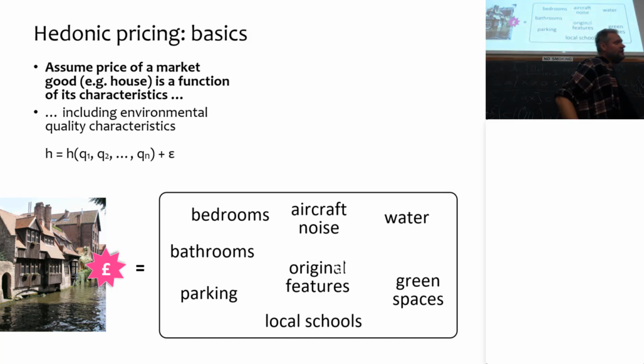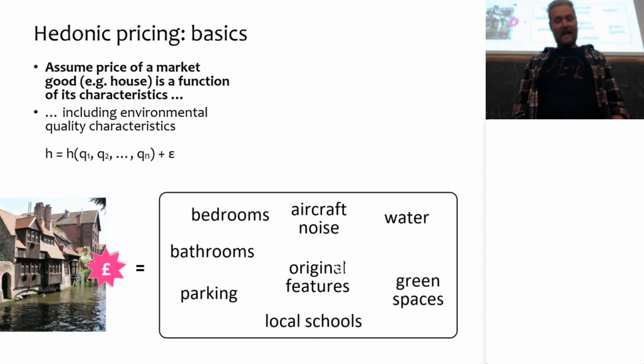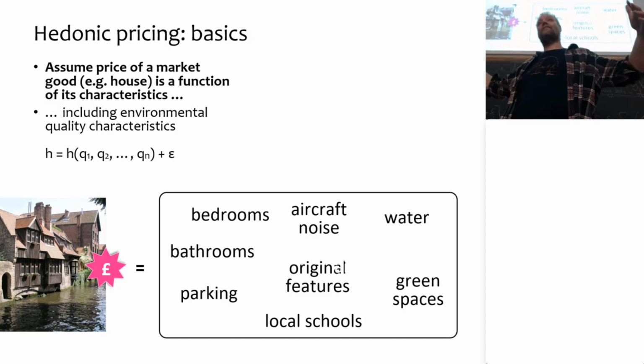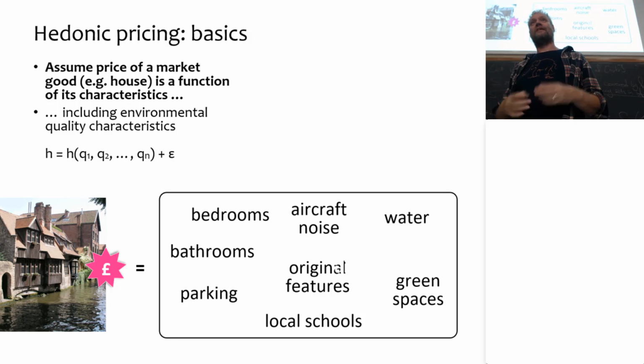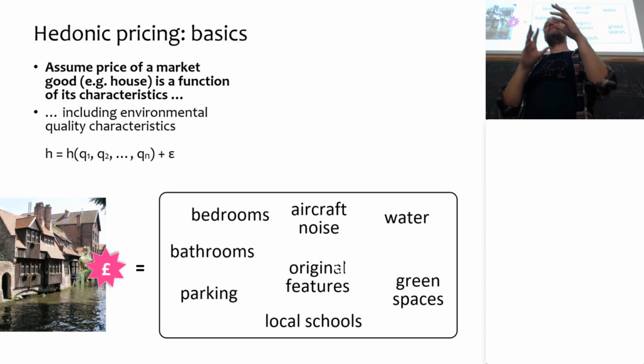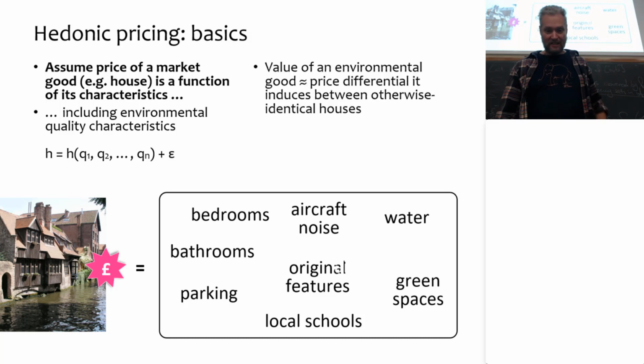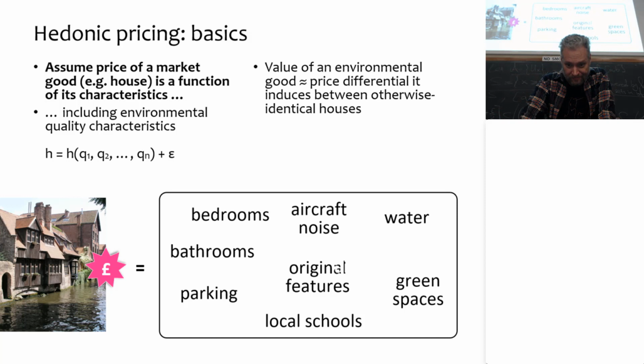So what you want to do is estimate the price of the house as a function of all the characteristics of the house. The characteristics of the building, but also the characteristics of its surroundings, right? That's essentially what you want to do. And then you have this function, and environmental quality is one of your attributes in this function.